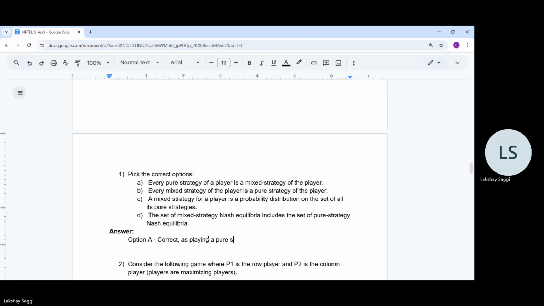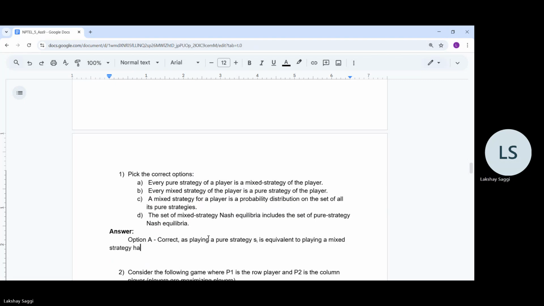Correct, as playing a pure strategy si is equivalent to playing a mixed strategy having probability 1 for si and 0 for other strategies, right?